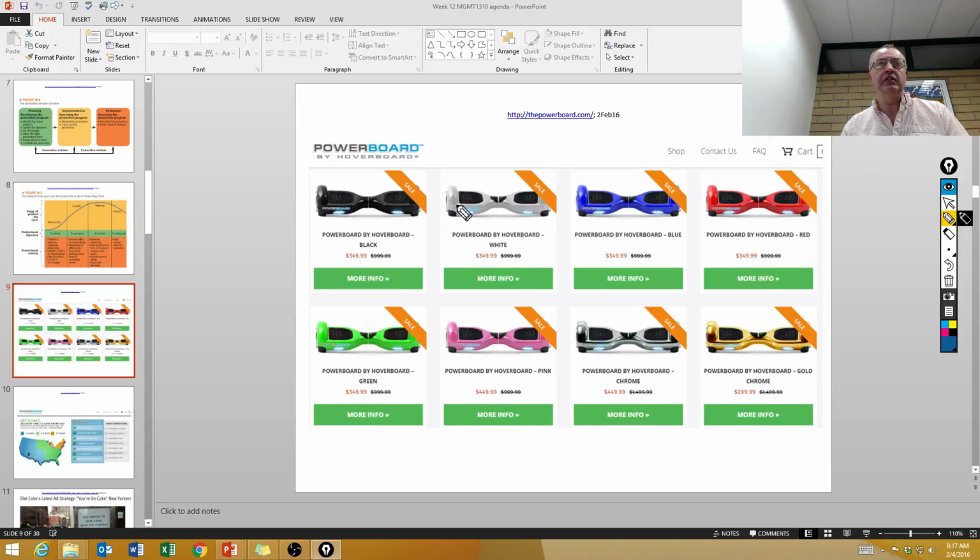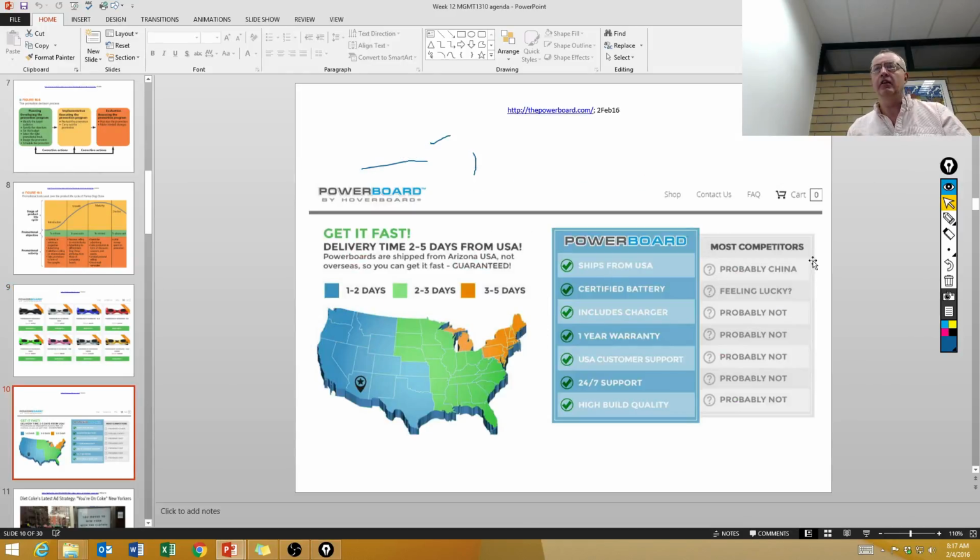And you've seen people standing on these things, and it drives them around. So I went to the website of a company called Hoverboard, and they're promoting their hoverboards with the name of Powerboards, and they have a nice little persuasive panel on their website.